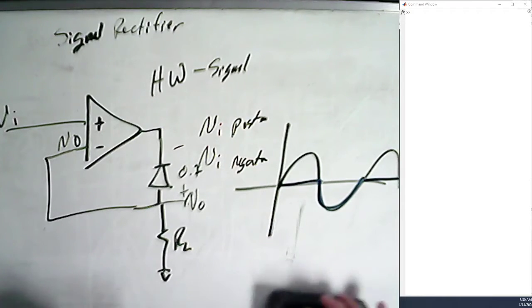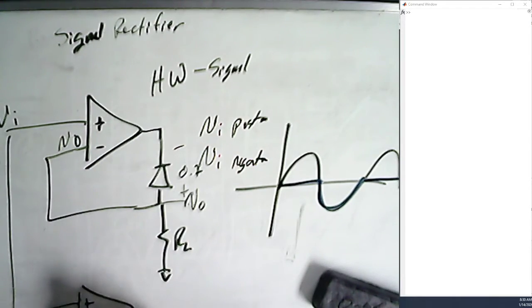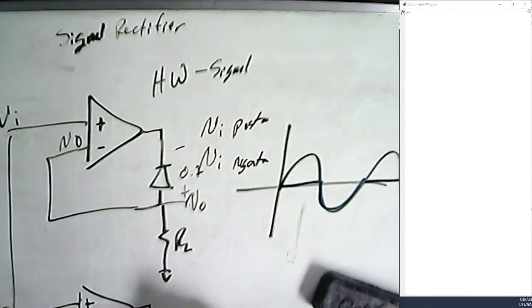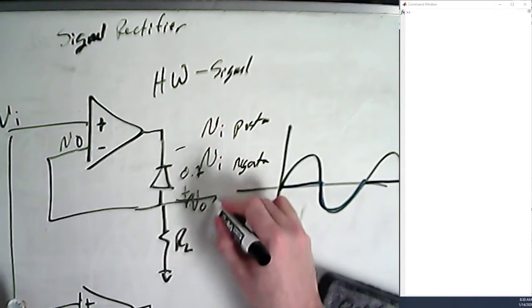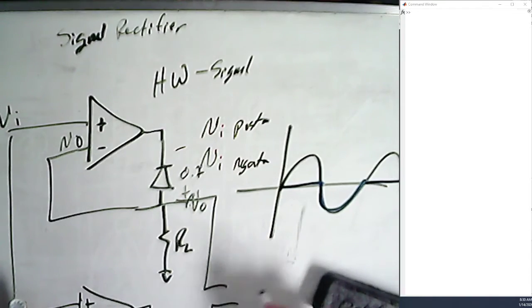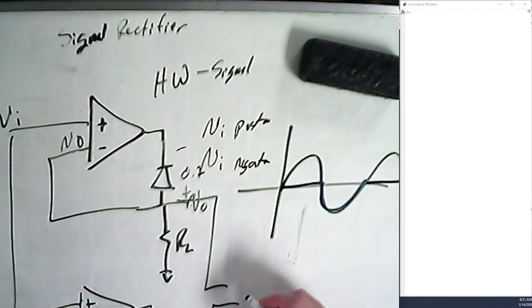So what we do is we put two of these together. Tie the inputs together. This one has the diode facing the opposite way. Okay? And then we have some sort of resistor to 0. And now what do we do? Invert one of them and don't invert the other.